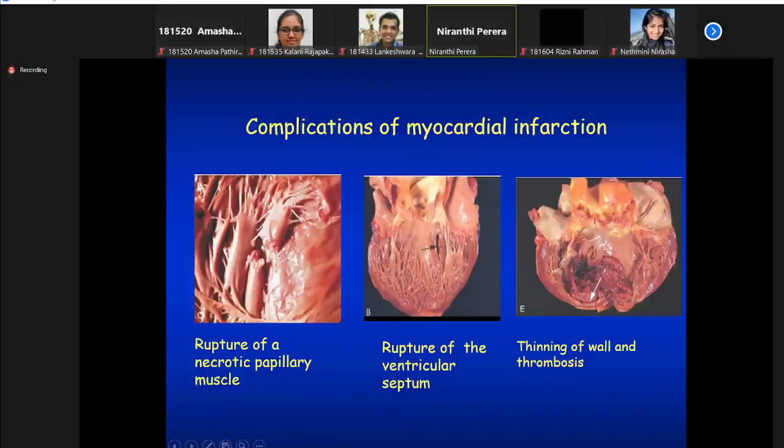So here they are. Here's your papillary muscle. If it ruptures, you can get heart failure. If you rupture the ventricular septum, you can get something like a VSD. When you get an aneurysm or thinning of the wall, thrombi can form, and those can form emboli.